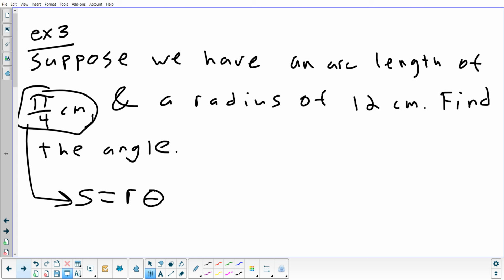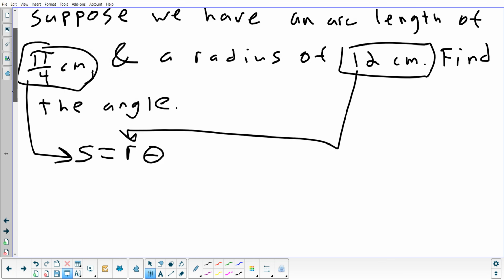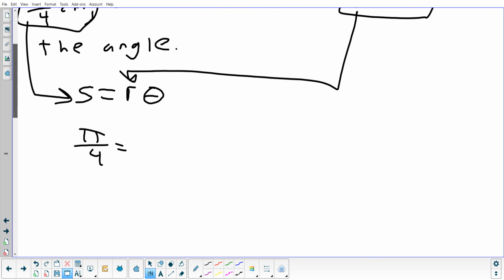That would be R. That's my R. Plug that in right there, and then we're going to solve for the angle. All right, so we have pi over 4 equals 12 theta.